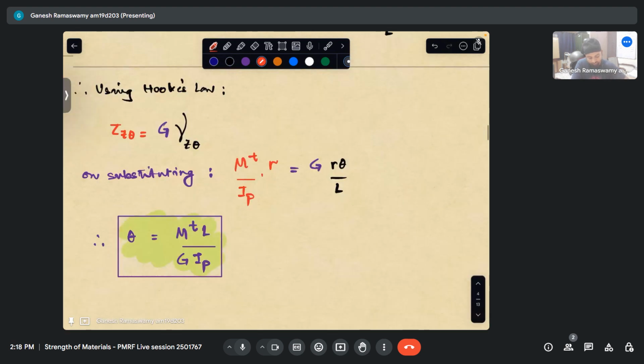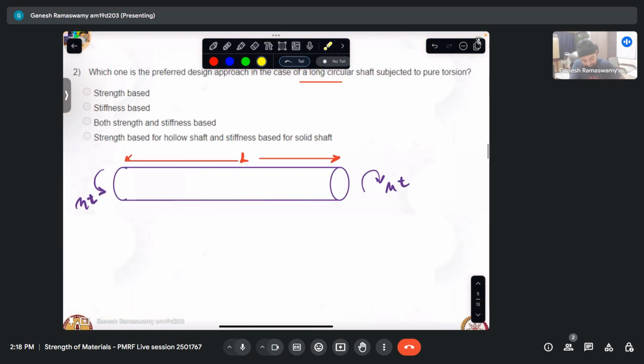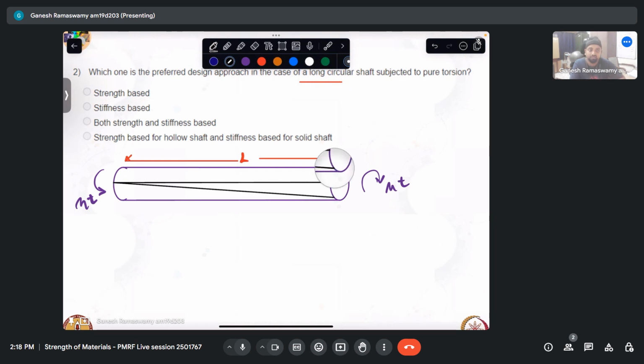So what will happen to theta? Theta we are saying is directly proportional to L. So a line like this will have a large shear strain. There will be a huge shear strain and a lot of twist, in which case it might lose its functionality.